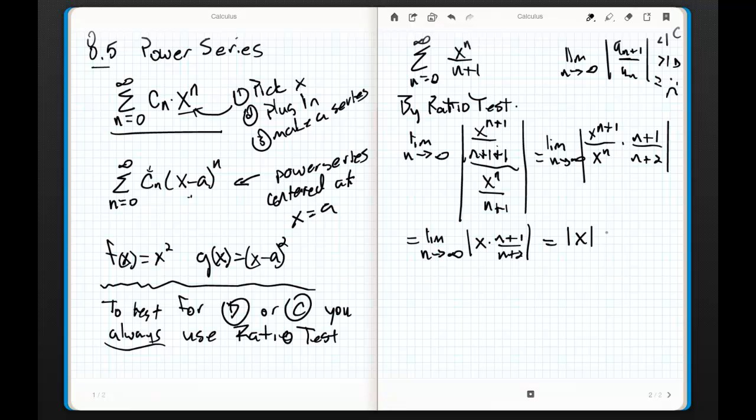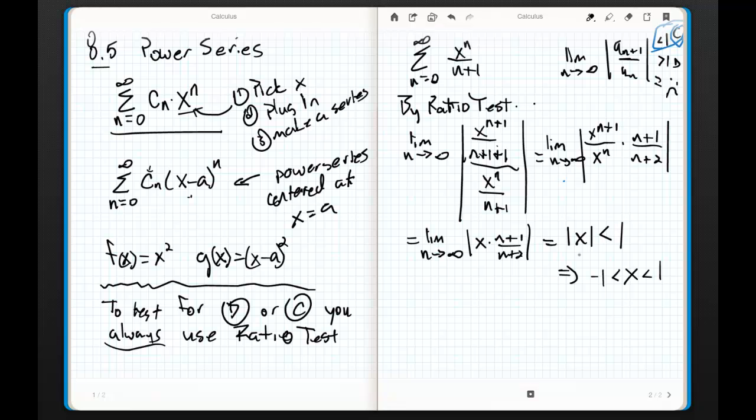So what I do is I take this little piece of lovely joy and I say it's less than 1. Why do I say that it's less than 1? Well, because if the ratio test yields a value that is less than 1, I converge. So what this tells me is that, notice this guy right here implies that x is between -1 and 1, right?